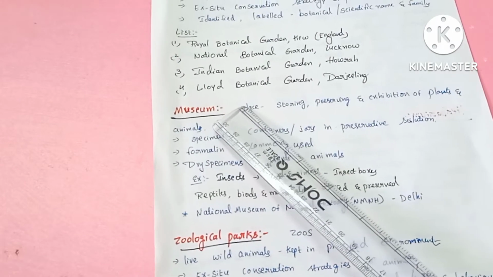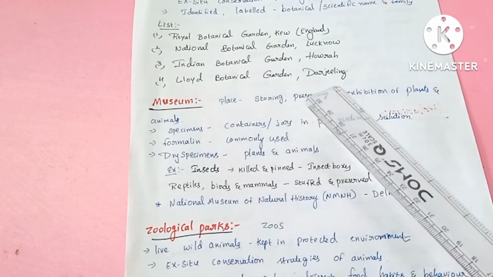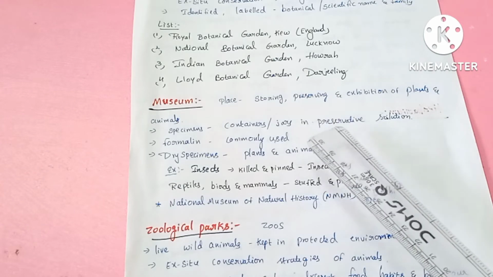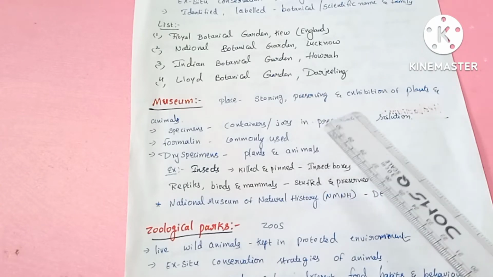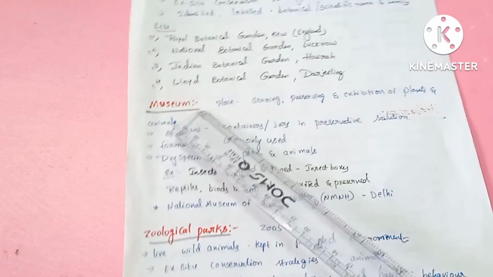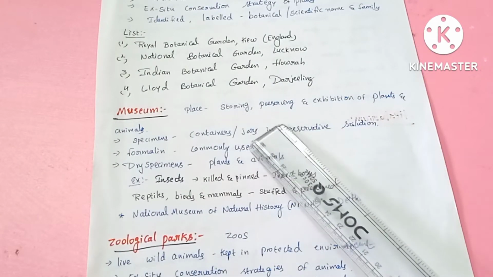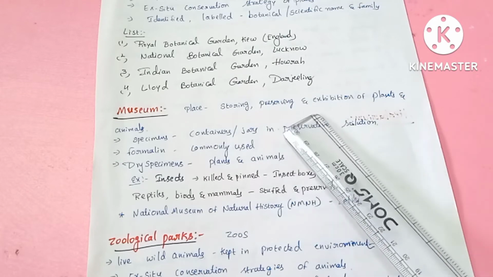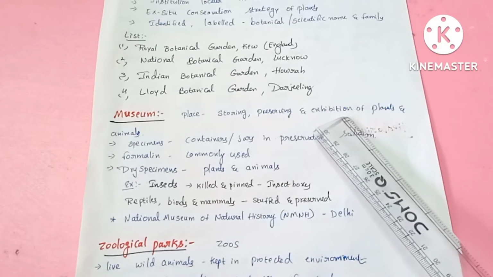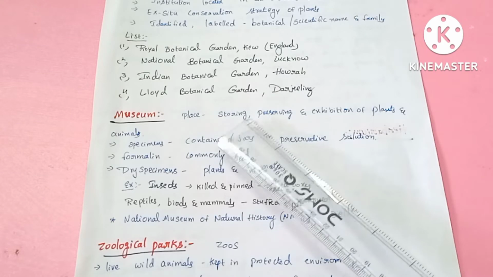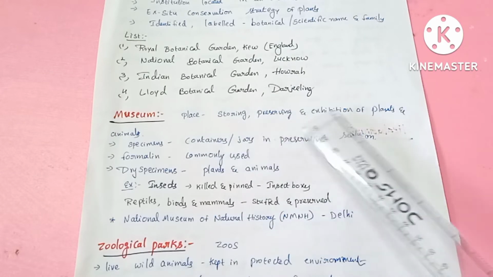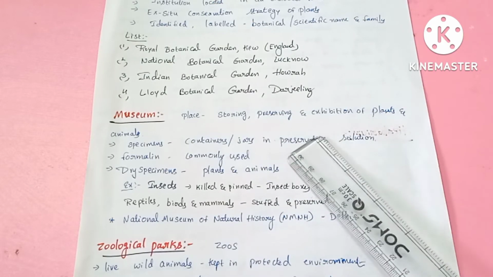The third taxonomical aid is the museum. We know what museums are. There are so many things exhibited, right? In a museum, the living organisms are exhibited. It is also a place for storing, preserving, and exhibiting plants and animals. What is a museum? It is a place for storing, preserving, and exhibiting plants and animals.